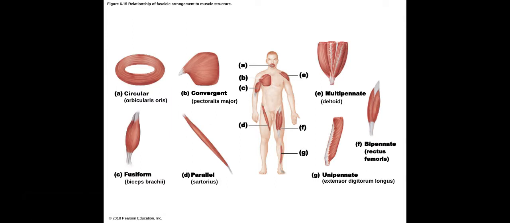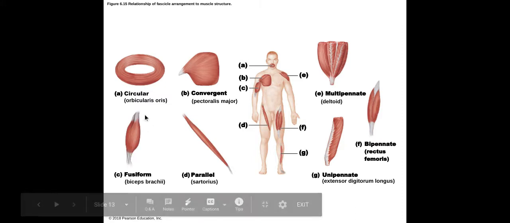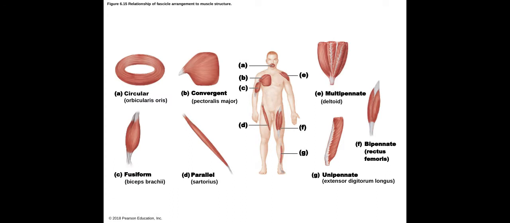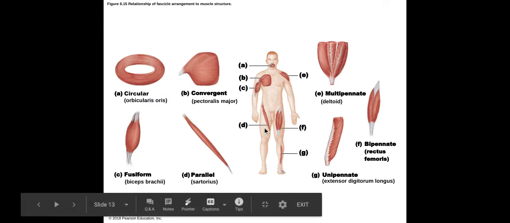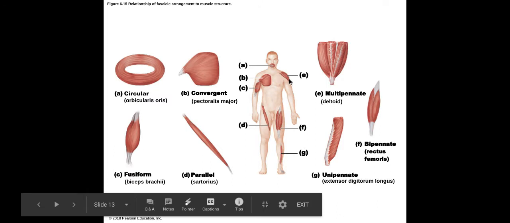C, the fusiform, so the biceps brachii. You'll see that's the type of muscle that it is. D, a parallel muscle. Sartorius would be an example. They're showing that in the leg there. E, the multipinnate. This is the deltoid muscle, your shoulder.